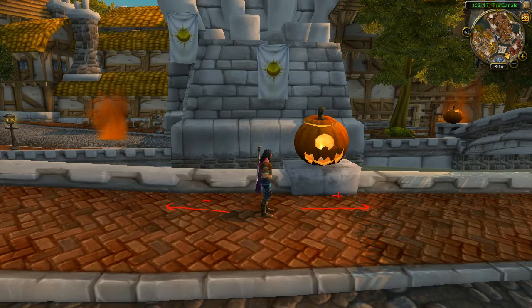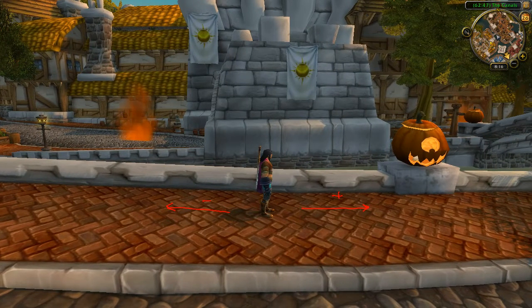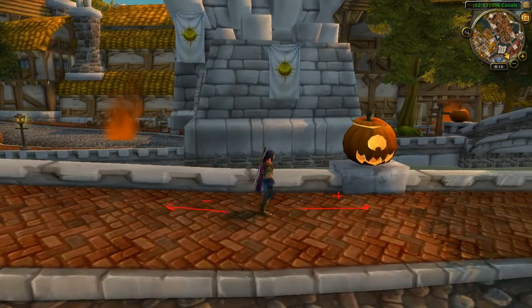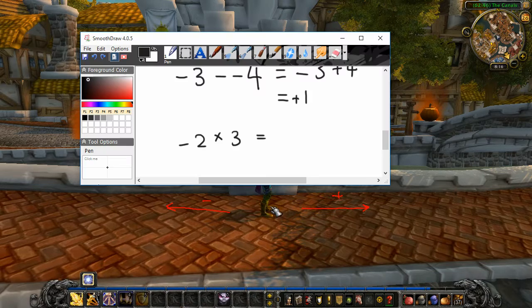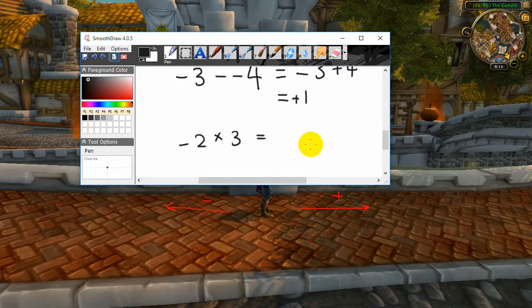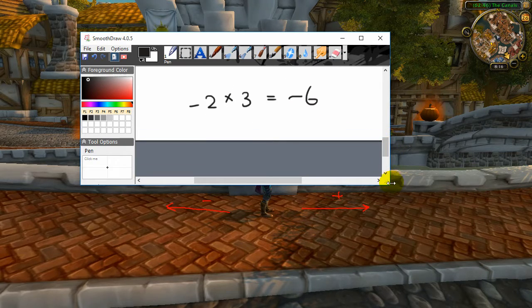That's what times means. Repeat it 3 times. So 1, 2, 1, 2. So what has happened? I'm now 6 steps away in the negative direction, because if I go 1, 2, 3, 4, 5, 6, I'm back to the beginning. So the answer is -6. Right, -6.